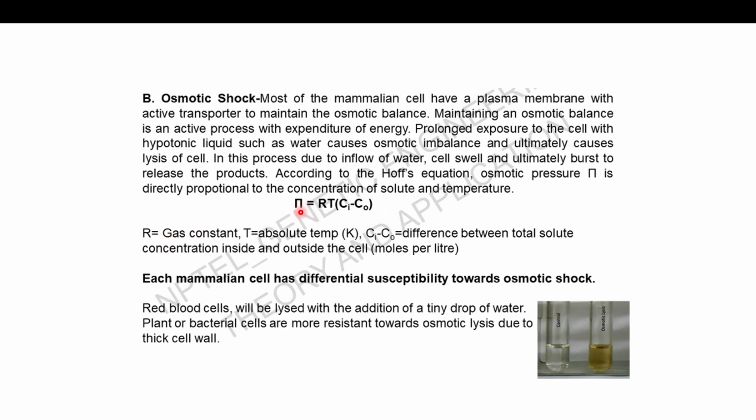So this is the equation: pi equals RT (Ci minus C naught), wherein C naught is the initial concentration and Ci is the concentration at a given point of time. R is the gas constant, T is the absolute temperature, and Ci minus C naught is the difference between the total solute concentration of the intracellular and extracellular environment.